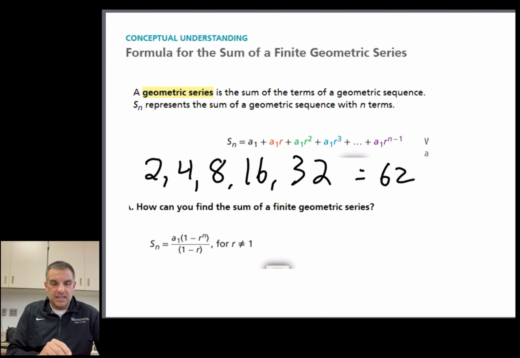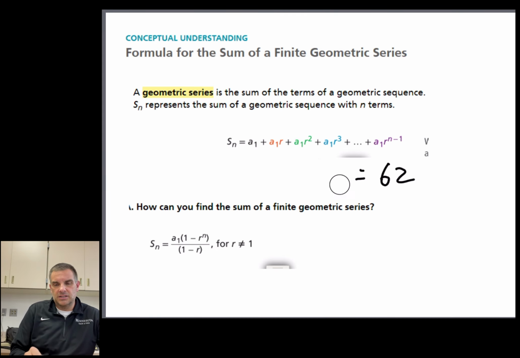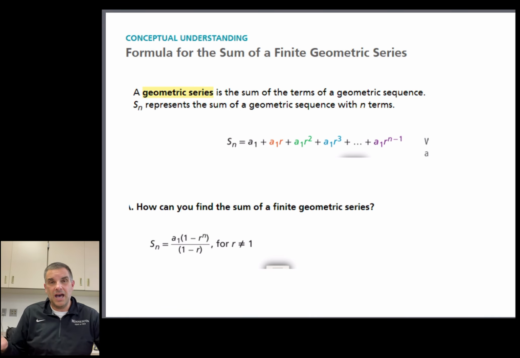So the sum of the first 5 values of this sequence is 62. When you're doing geometric series, you can just add all the different numbers within that sequence. Now, there are a couple things we have to know.